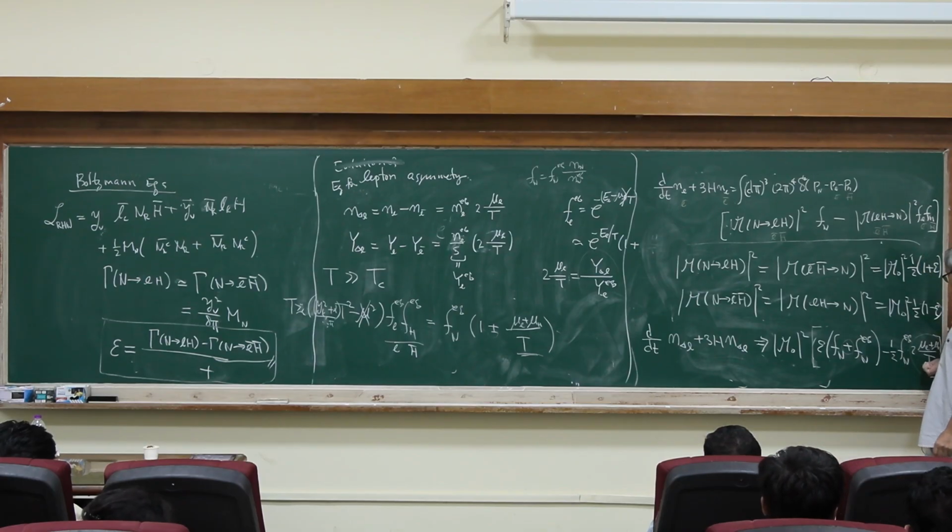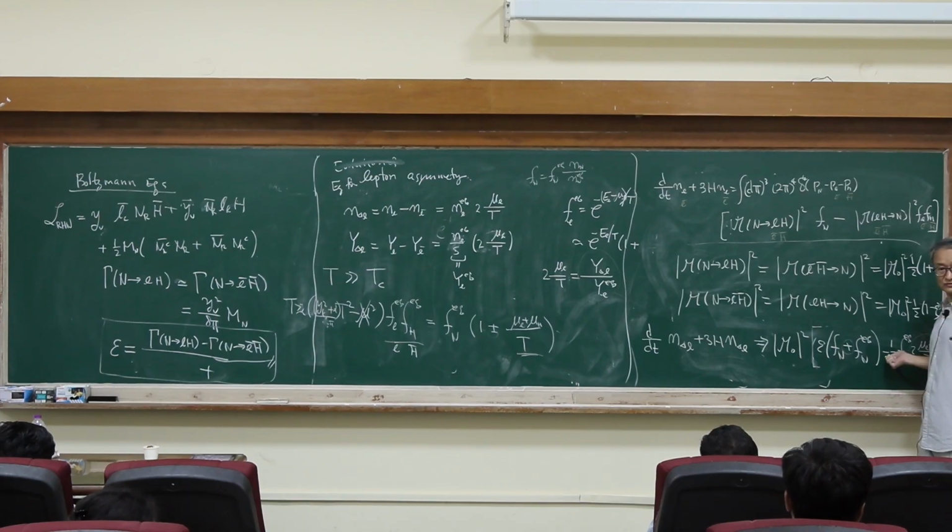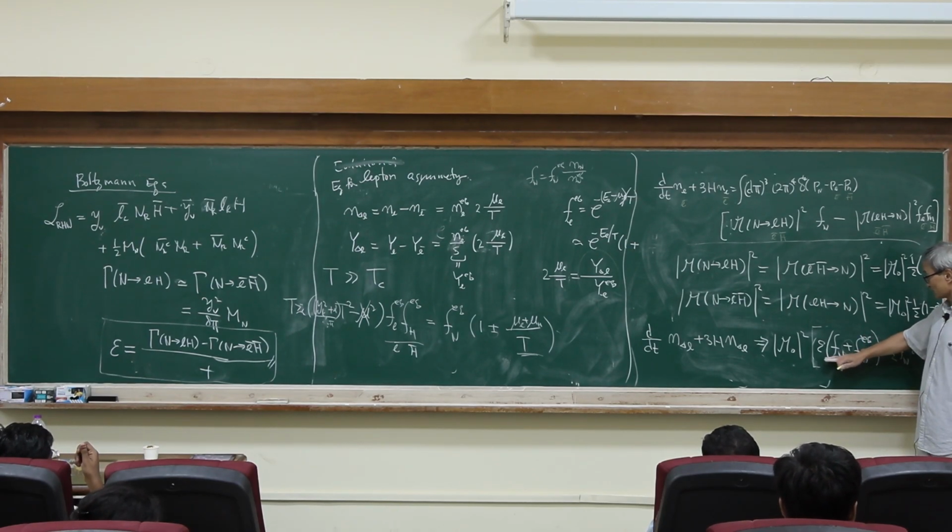First, the meaning of this is what? From there, if there was a non-zero lepton asymmetry, this will give a negative contribution to the final asymmetry. This is due to the washout of inverse decay. And then this is from decay.